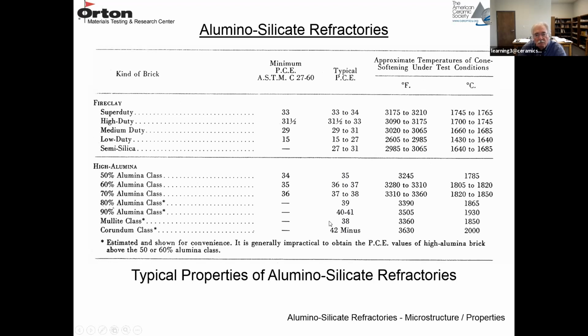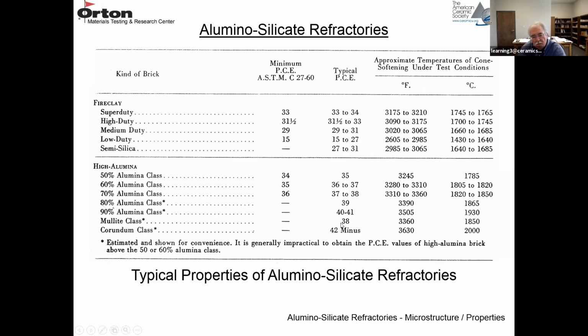The pyrometric cone 42 is basically high purity alumina. So why these aren't here, and these are estimates, and we measure the PCE in our lab for materials. We go up to about a 36 or a 38. 42 is where alumina melts.